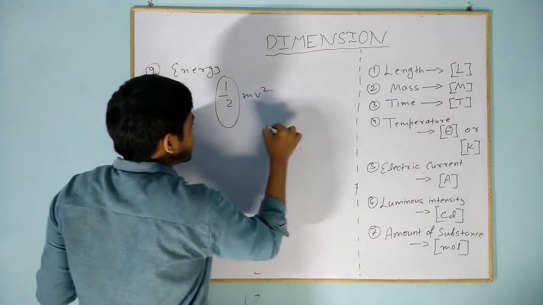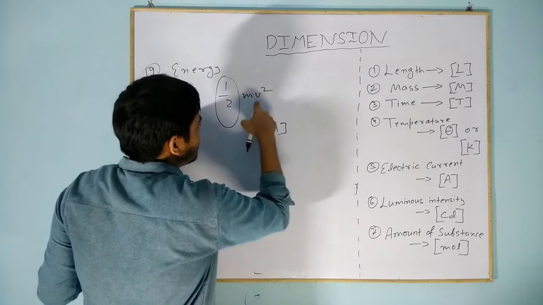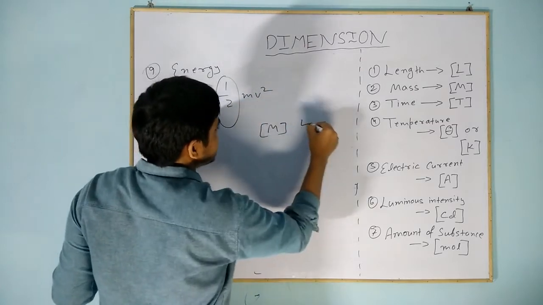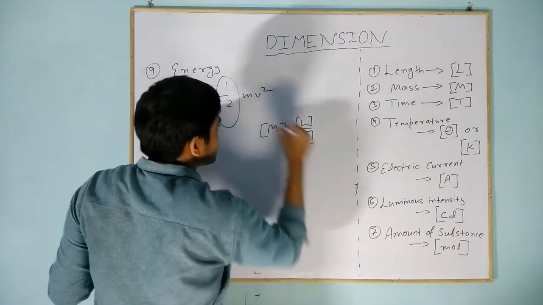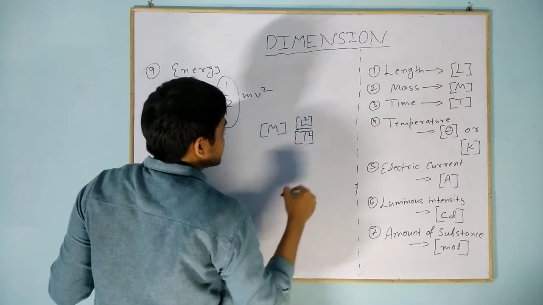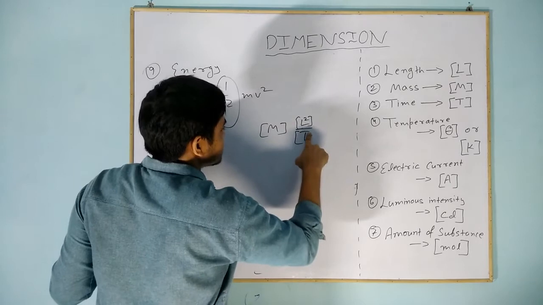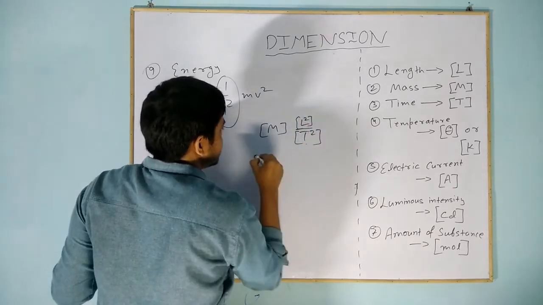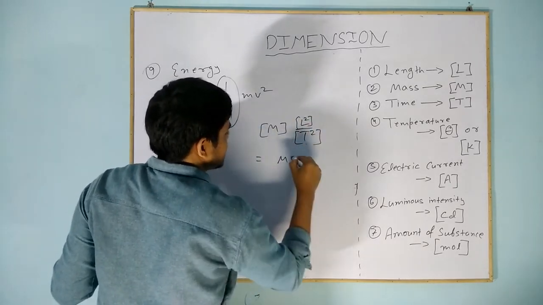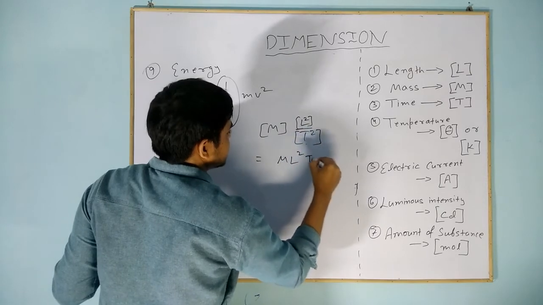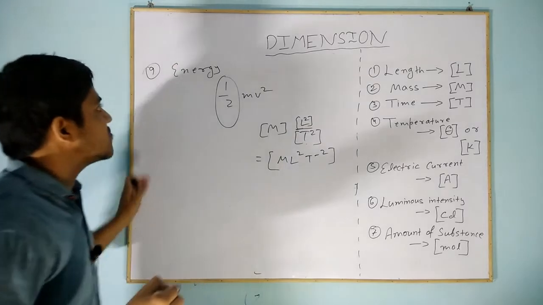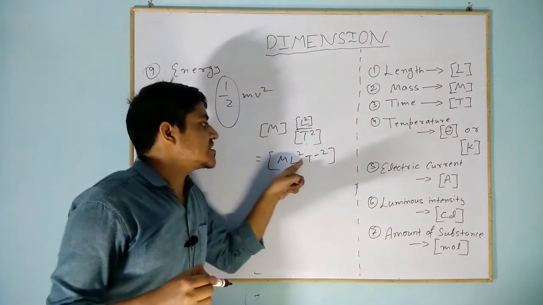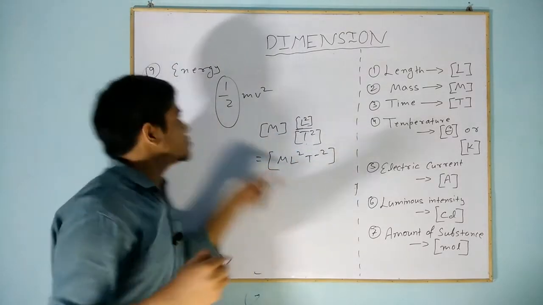Now mass has dimension capital M. Square of velocity: velocity is L upon T, and the square of velocity will be L square upon T square. So the dimension would be M L square T raised to the power minus 2. This is the dimensional formula of energy, and we will say 1 in mass, 2 in length, and minus 2 in time are the dimensions of energy.